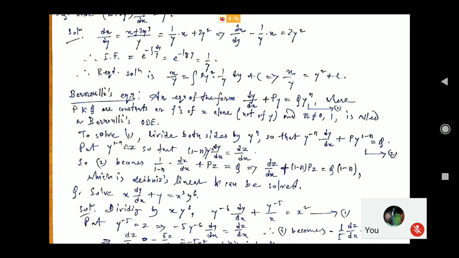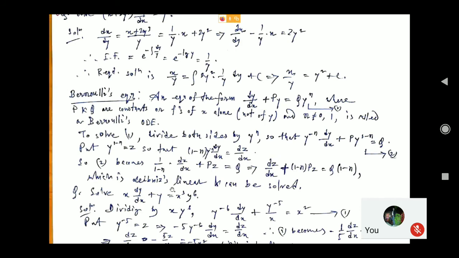Differentiating this, we get 1 minus n into y to the power minus n dy/dx equal to dz/dx.